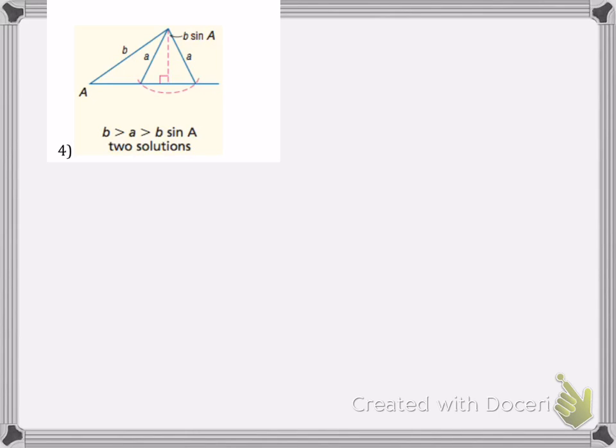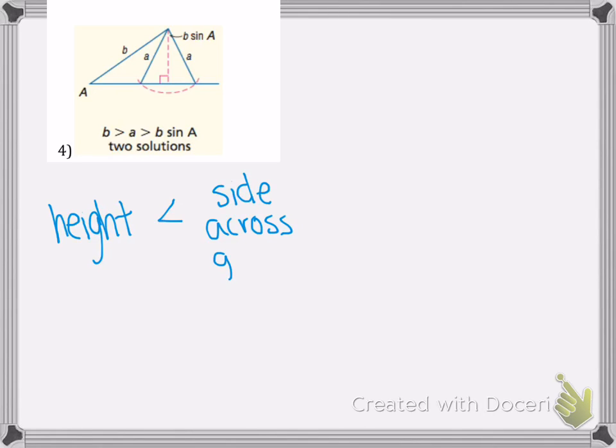Now my fourth option, if A is acute, then I could have two solutions. The height must be less than the side across from the given angle, which also must be less than the other side.